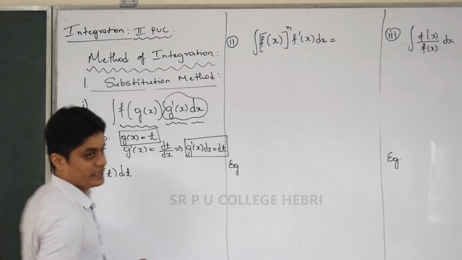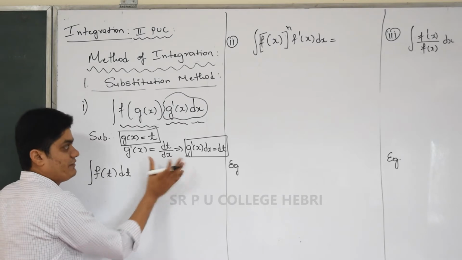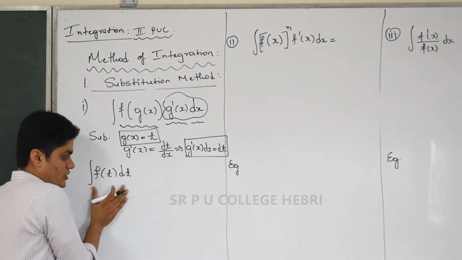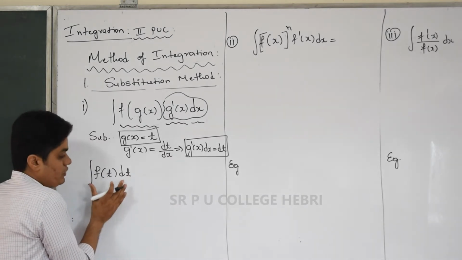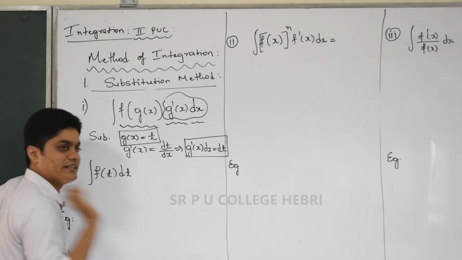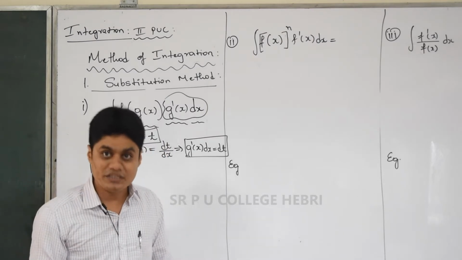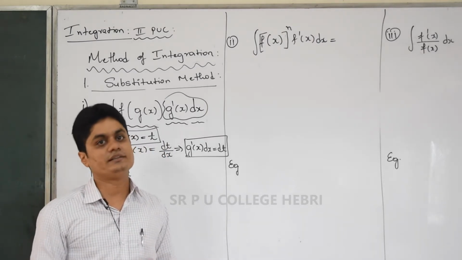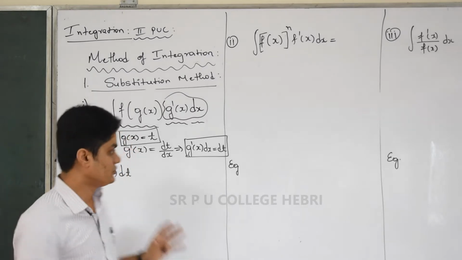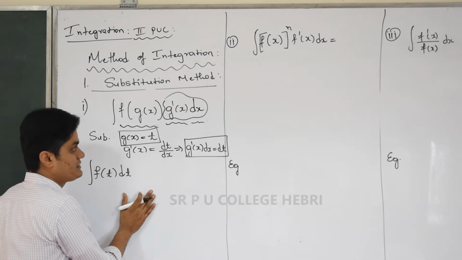In the beginning the given problem contained a composite function, but after this substitution we got one of the standard functions, a simple function. There is no composition here, observe, f of t, that's it, a simple function. This f of t will be one of the standard functions which we learned in the last class. Did you understand? So this is the trick or technique to solve this type of integration.